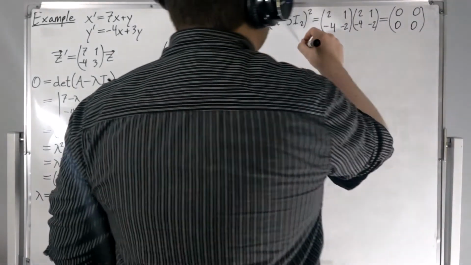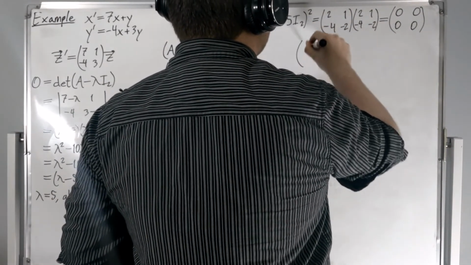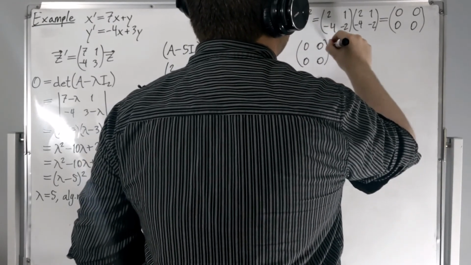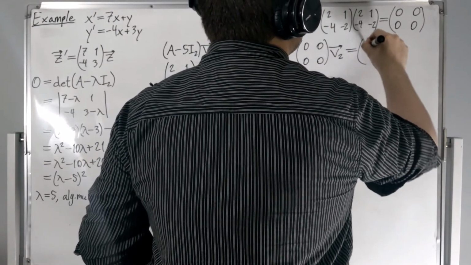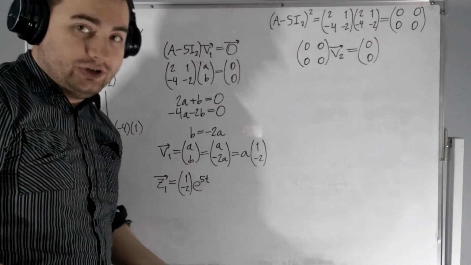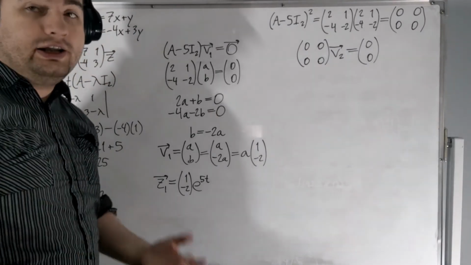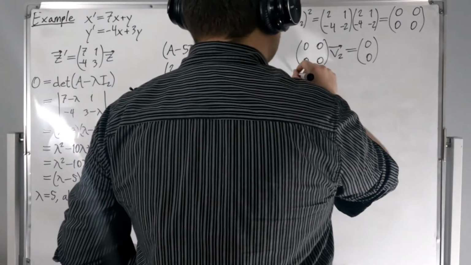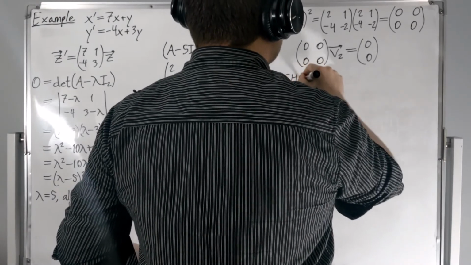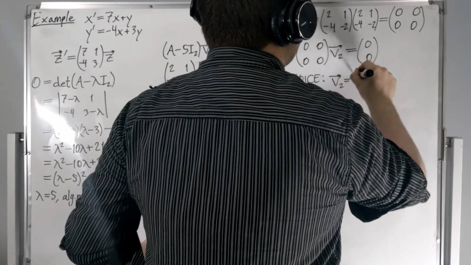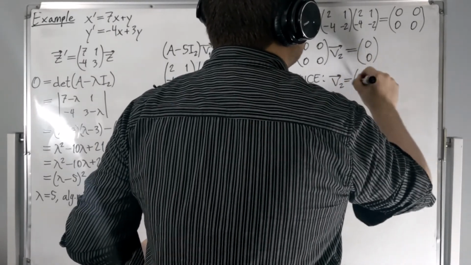So now we're looking for solutions of (0, 0, 0, 0) times v2 equals (0, 0), which are not the 0 vector and which are not eigenvectors. Okay, so make the arbitrary choice. v2 is going to be (1, 0).